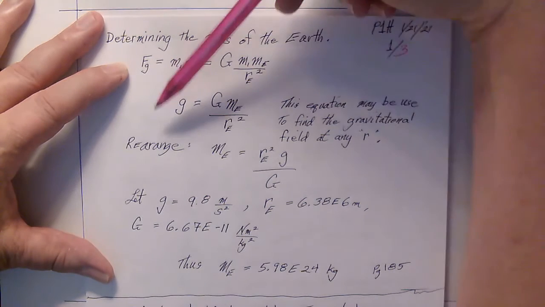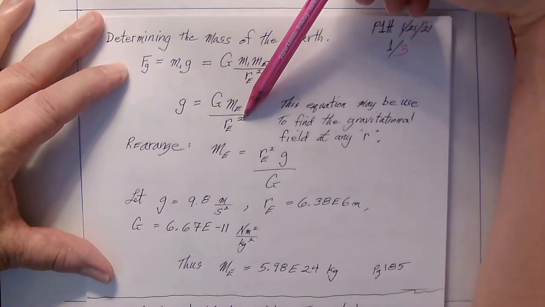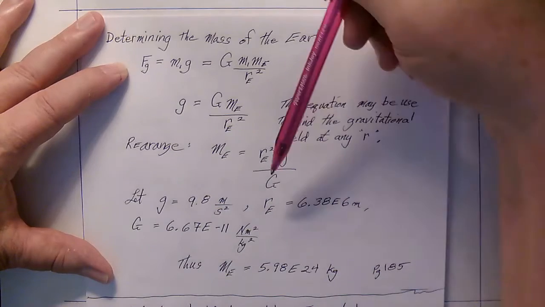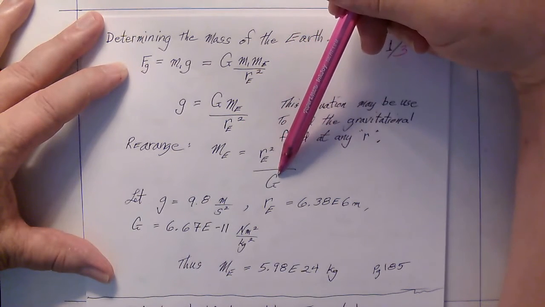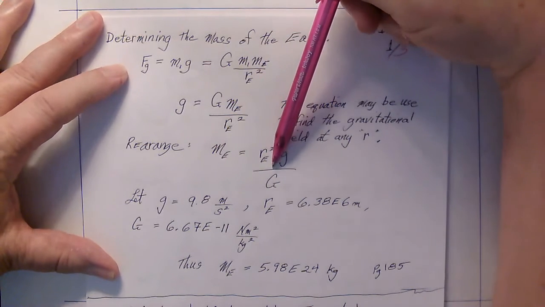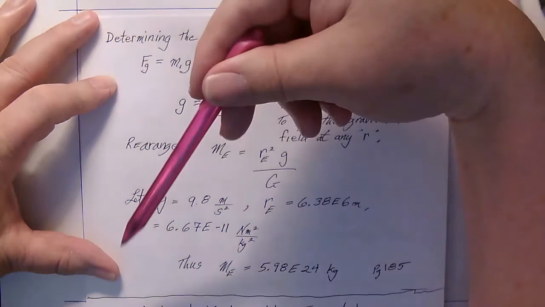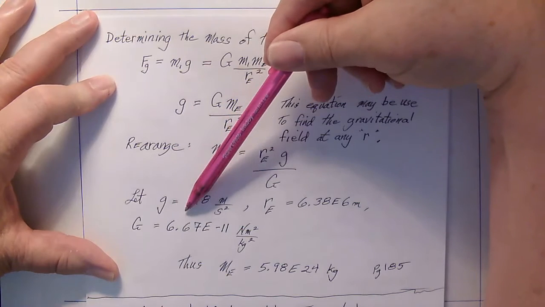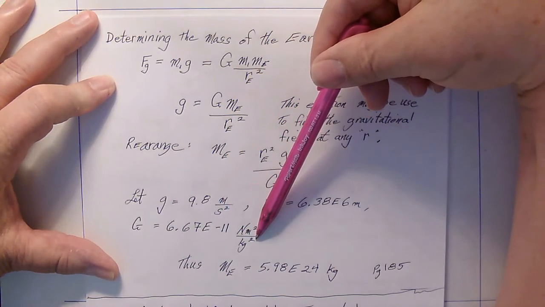Okay, so let's rearrange this. We're solving for me, so me is equal to re squared g divided by capital G. Now, Cavendish, in a great historic experiment, determined that the universal gravitational constant G is 6.67 e negative 11 newton meter squared over kilogram squared.